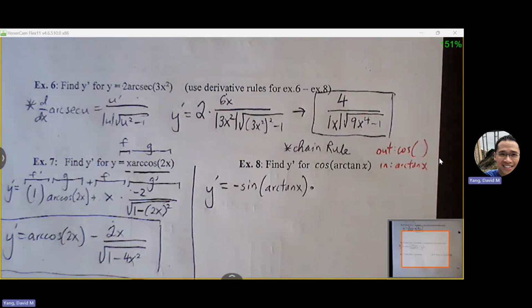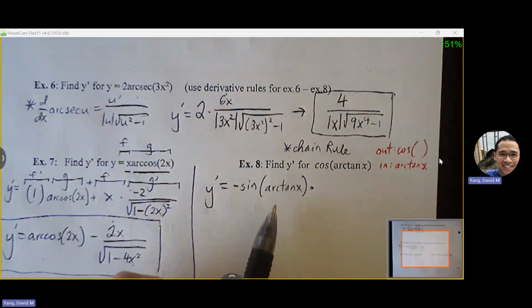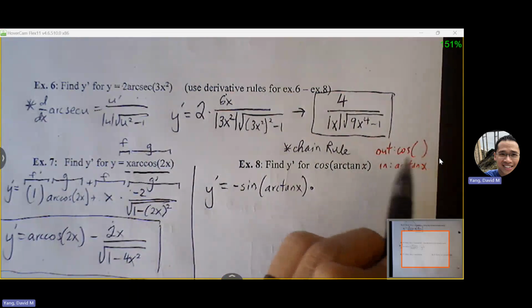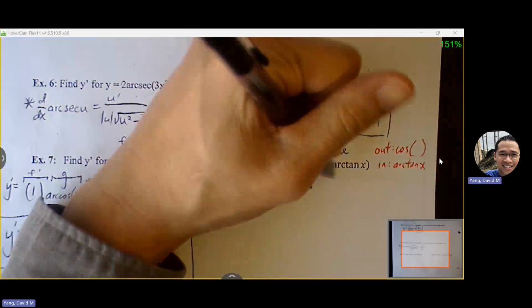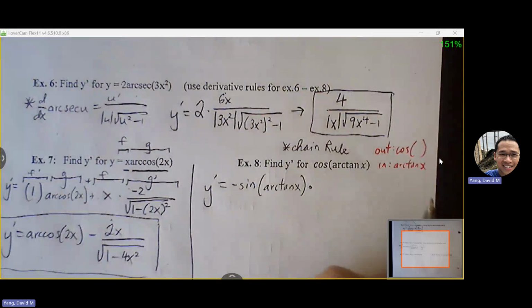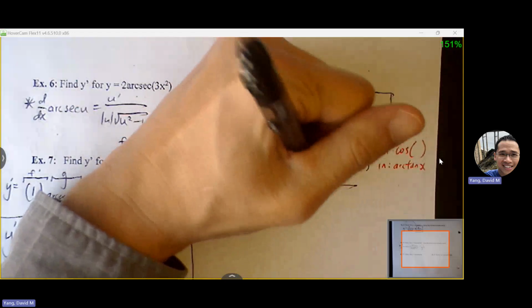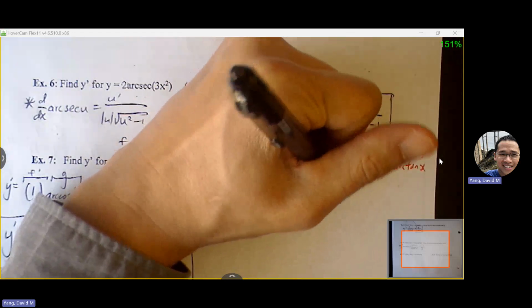So cosine's derivative is negative sine of u times u prime, and that u prime is where the arctangent gets impacted. So arctangent derivative is u prime over 1 plus u squared. My u value is x, so 1 over 1 plus x squared.